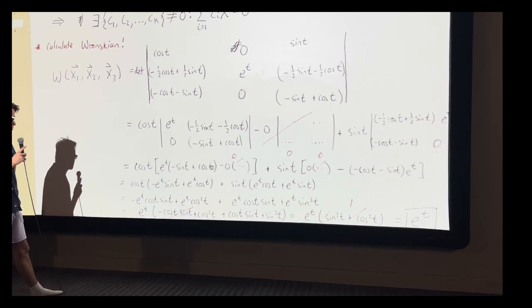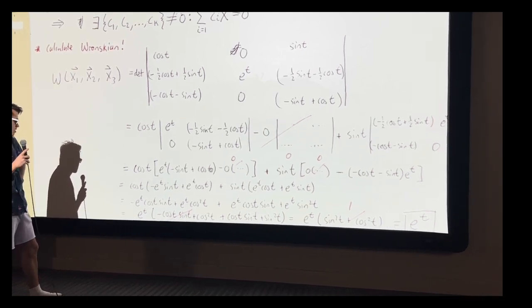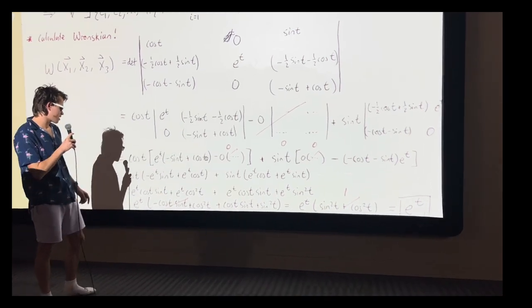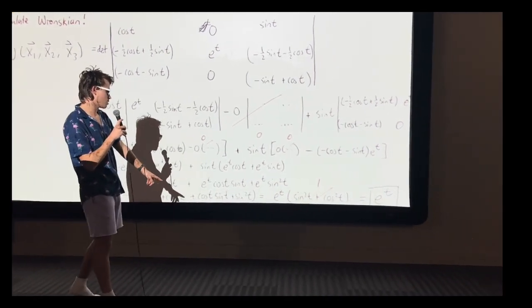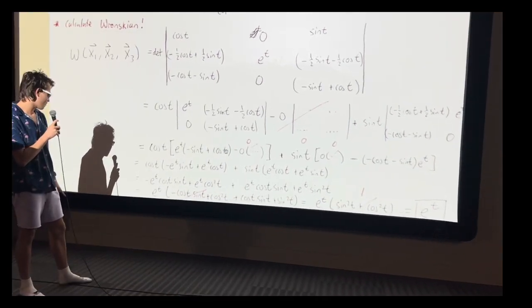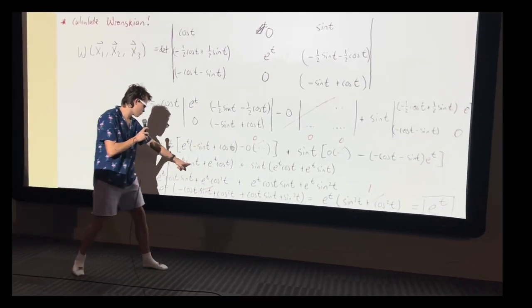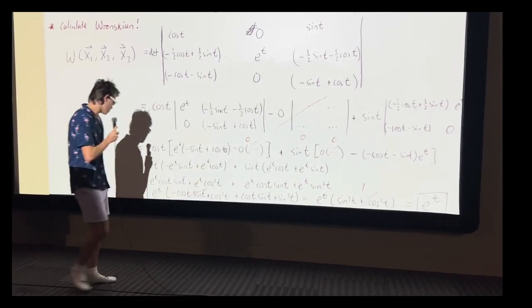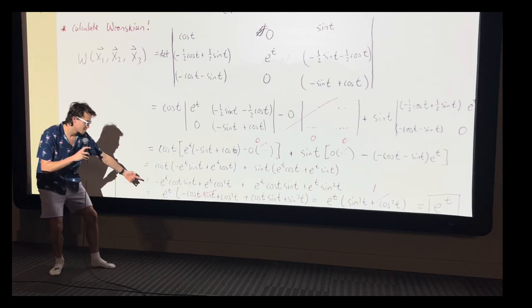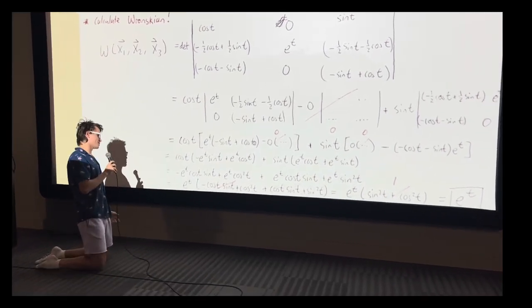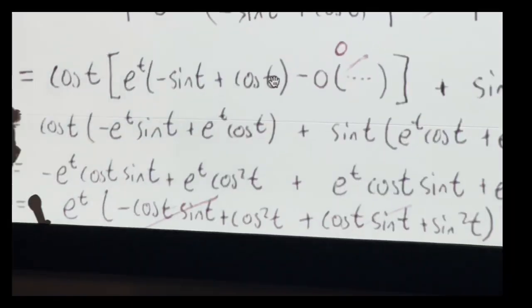Cosine of t multiplied by, we just multiply e to the t throughout the brackets, and we do the same thing on this side. And then if we multiply cosine t through both terms here and sine t through both terms here, we get this lovely line of nonsense. But it's not nonsense because we can take out a factor of e to the t. And then what do we get?